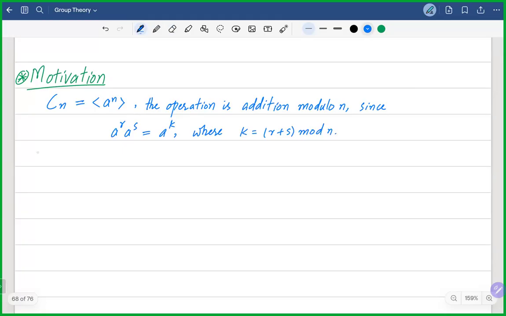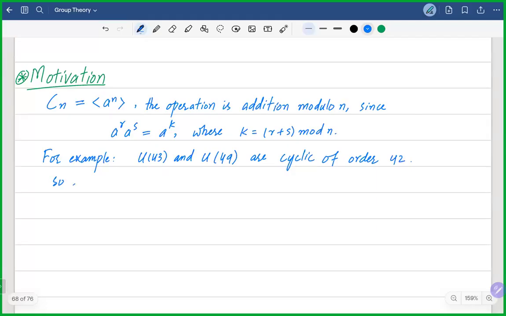Right? So, for example, we take U of 43 and U of 49, each is a cyclic group of order 42.